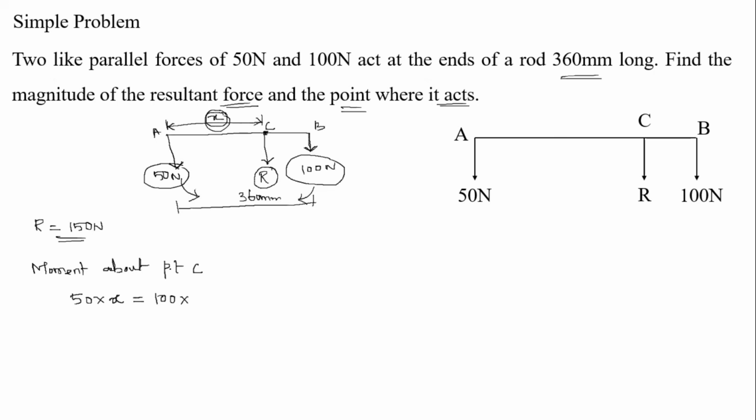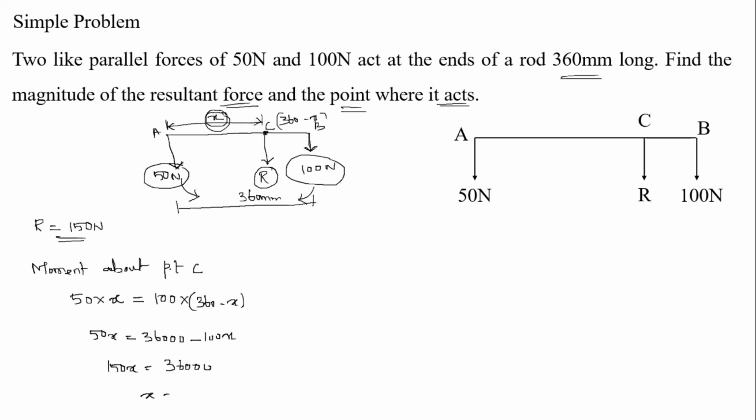Now this is 50x, solve this, and 36,000 minus 100x. Now simplify this: 150x is equal to 36,000.